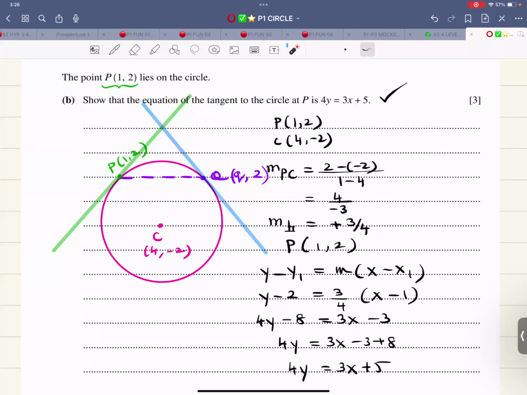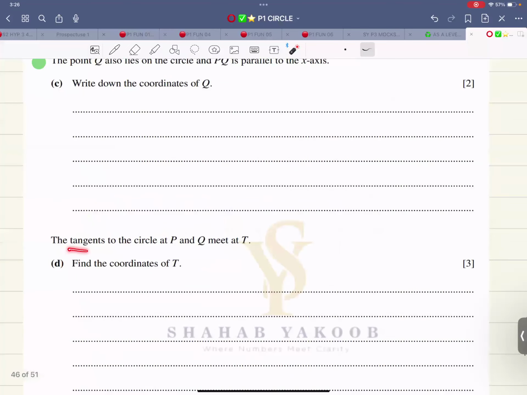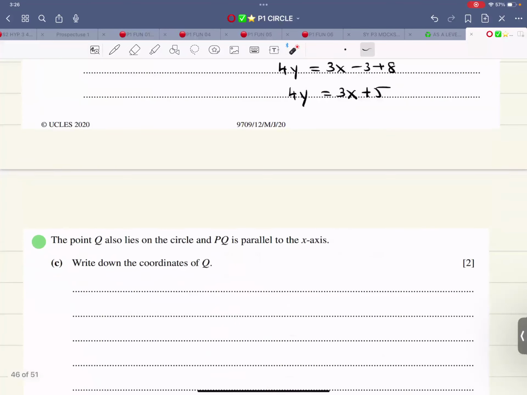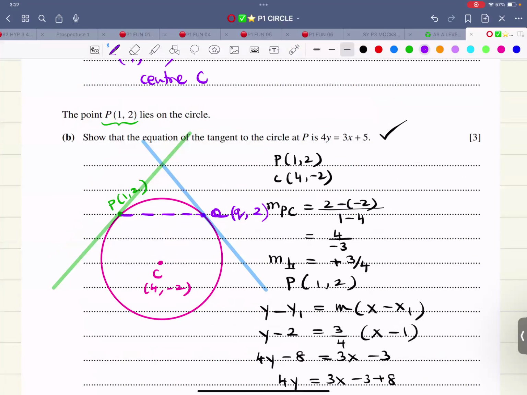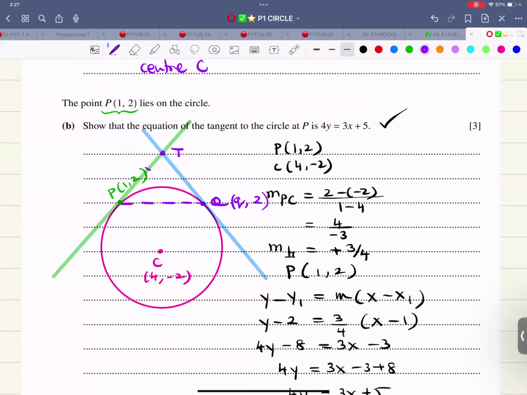And now that is the game changer. So they are saying, the tangents meet at T, find the coordinates of T. So let me label over here, this one is T. That means these two lengths are equal. These two angles are equal because tangents drawn from an external point to a circle are equal in length.